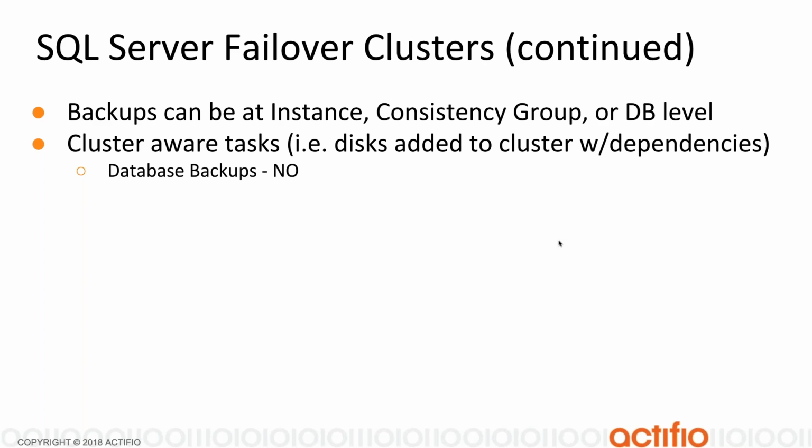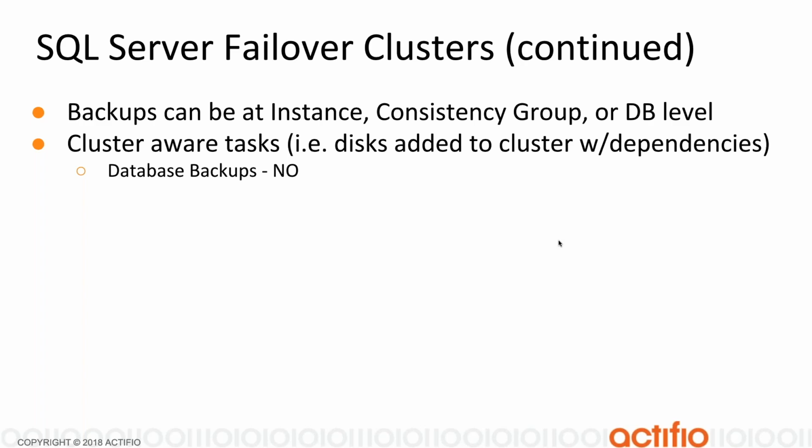You look at what are the rules with SQL Server clustering about disk access. And the rule is that any processes running as part of the cluster can only access disks that are also part of the cluster. So if you look at the SQL Server engine, the SQL Server service, it can only access databases on disks that are a member of that cluster.